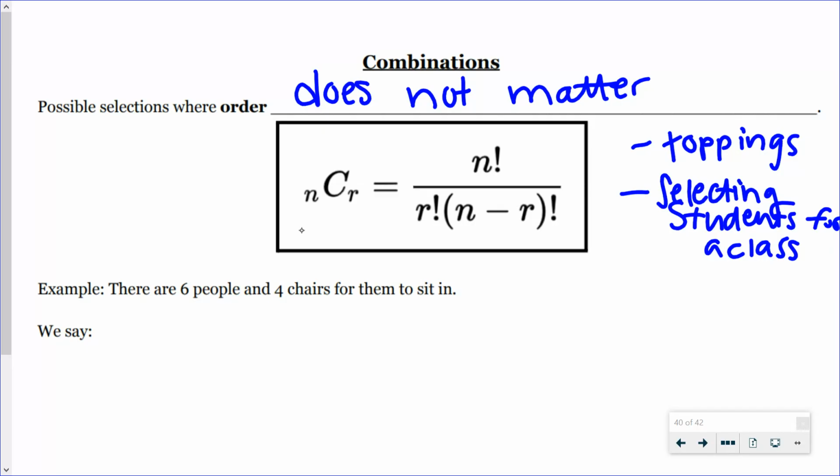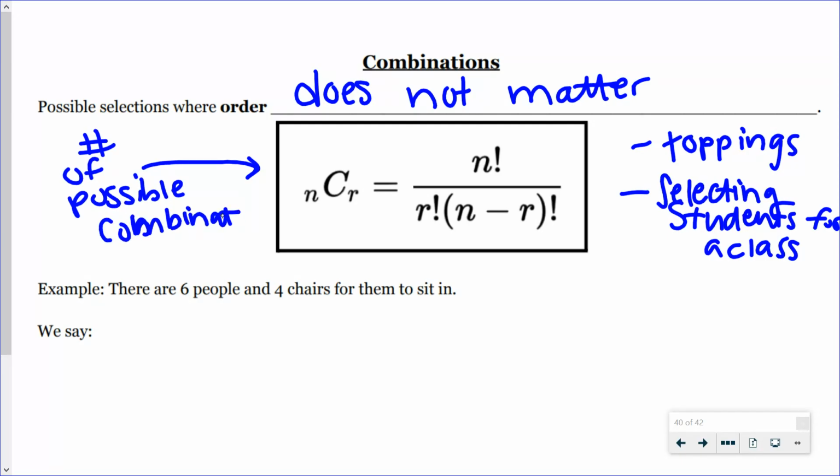The equation that we have is n factorial over r factorial times n minus r factorial. So what that gives us is the number of possible combinations for the situation.